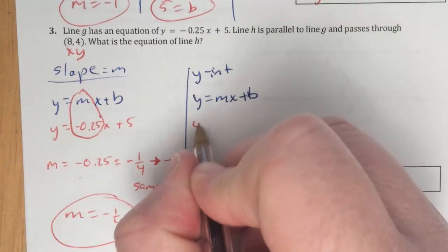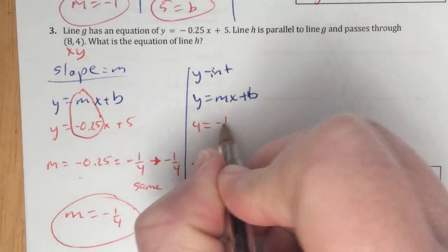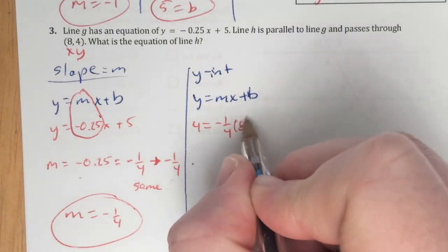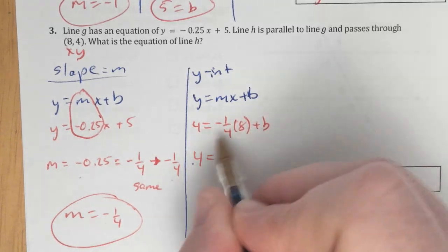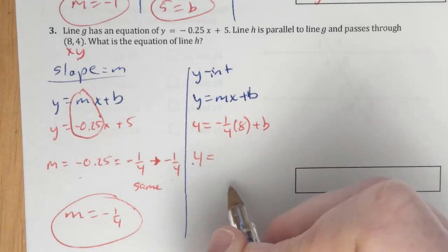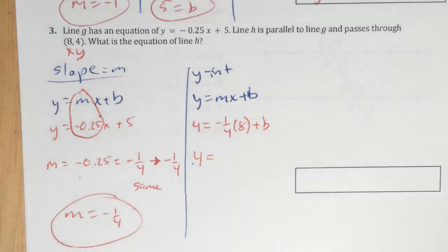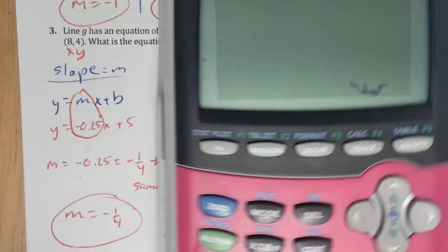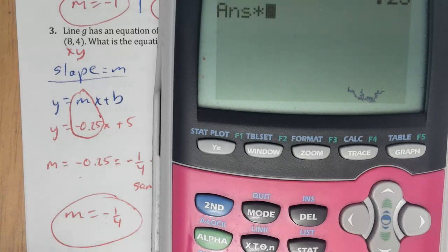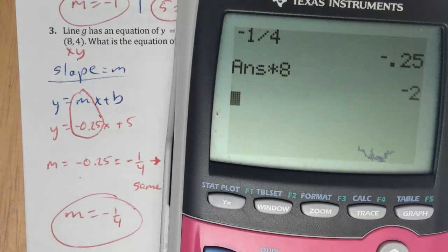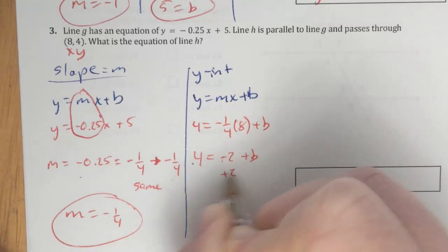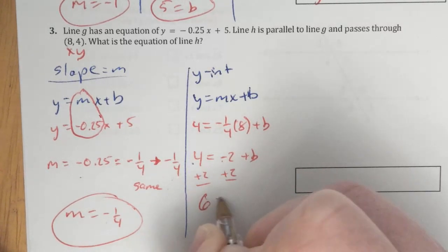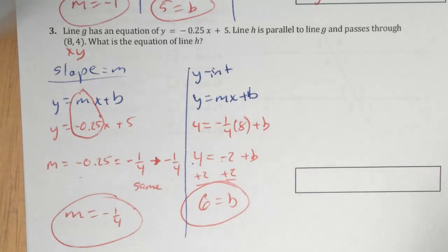So if my y is 4, my m is negative 1/4, and my x is 8, all that plus b. 4 equals negative 1/4 times 8, which is negative 2. So we get negative 2 plus b, we would add 2 to both sides, and we would get 6 equals b.